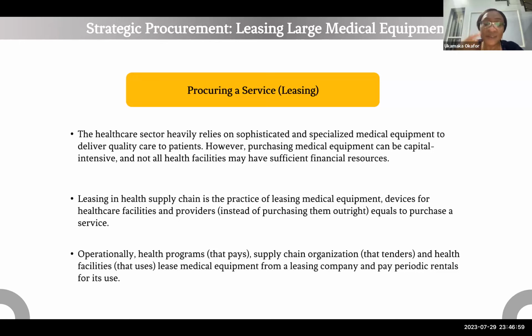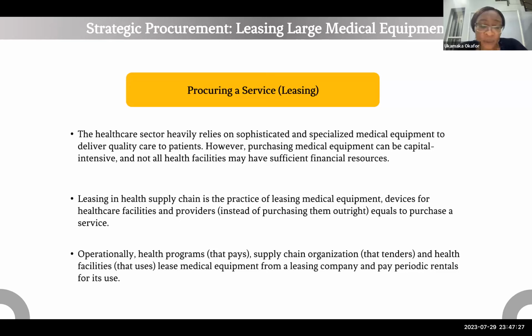Outsourcing is where you bring somebody into your process to run a particular process and own it. But leasing is like renting a facility or renting some services. So you are paying them for a particular period, and you may decide to buy over the product or the services at the end of the leasing period, or you can decide to quit the leasing agreement.